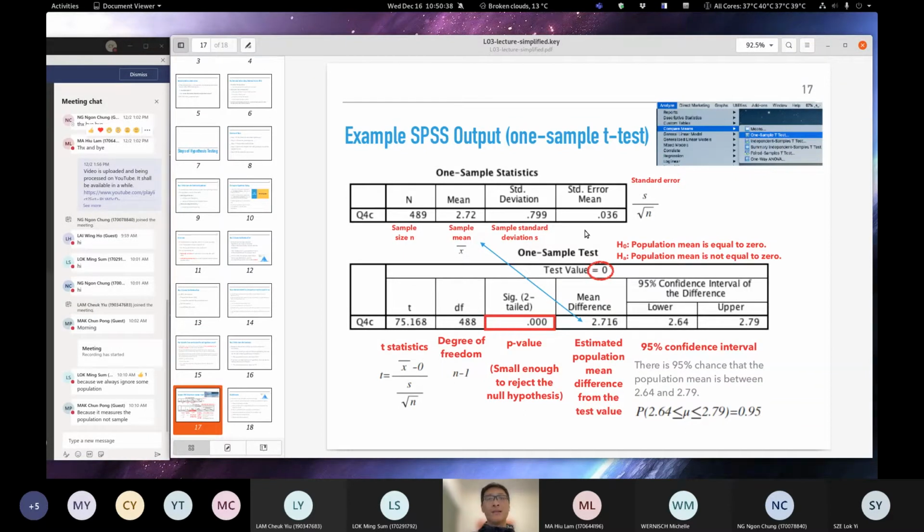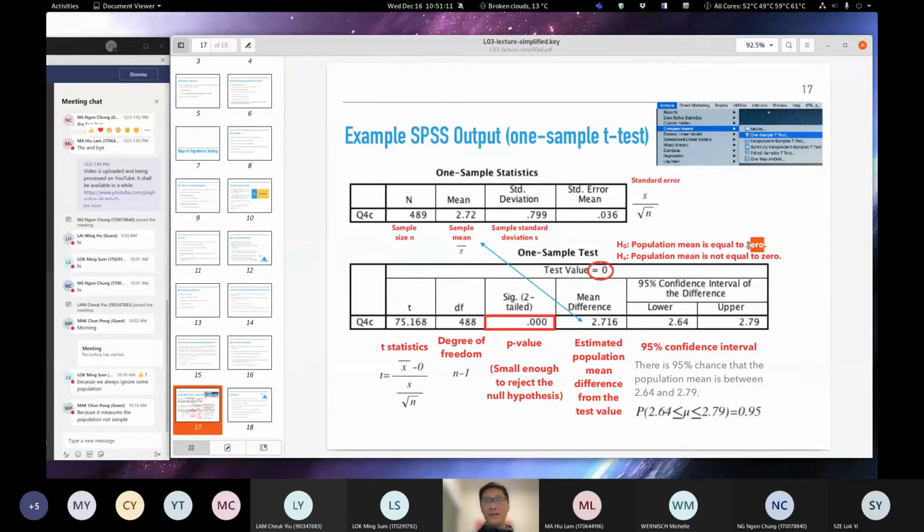Now, in this case, the first number I want you to check is the test value here. The test value is the number that you are trying to confirm in your data. So the test value here is what you put in the hypothesis. Now, in this example, we are testing if the population mean is equal to 0 or it is not equal to 0.